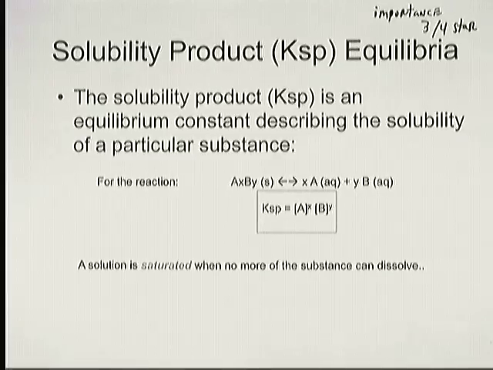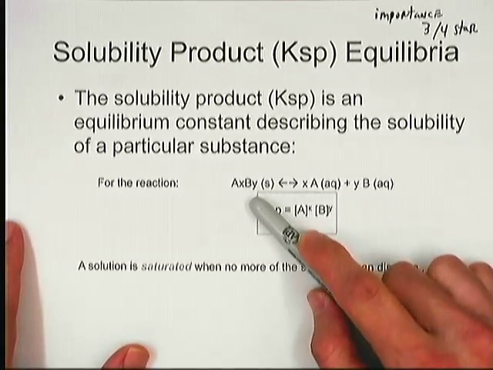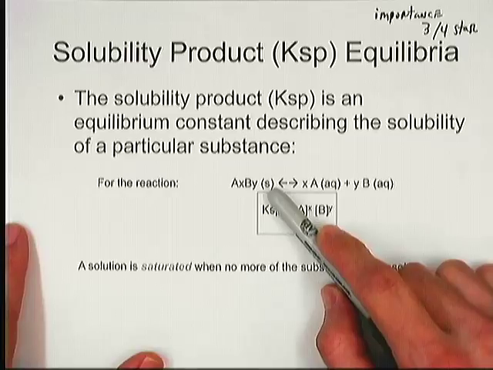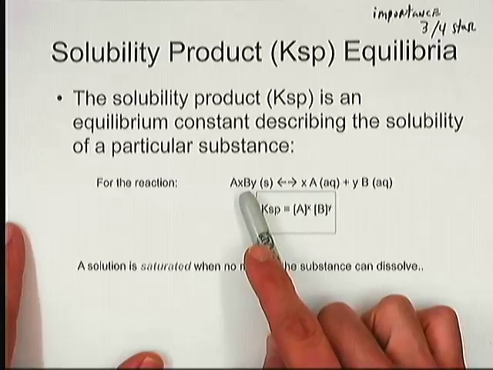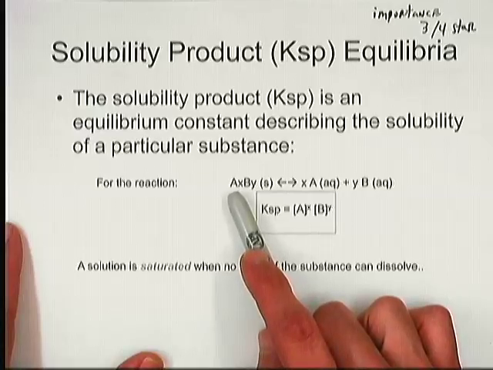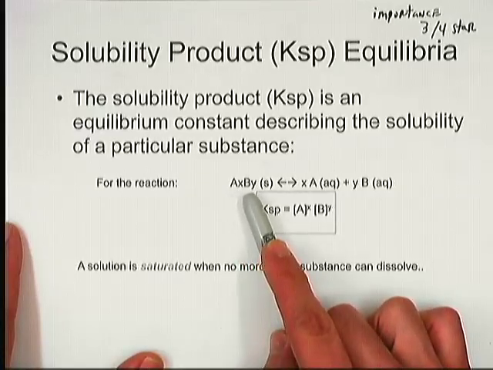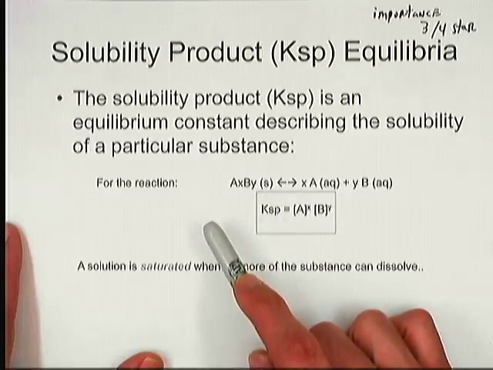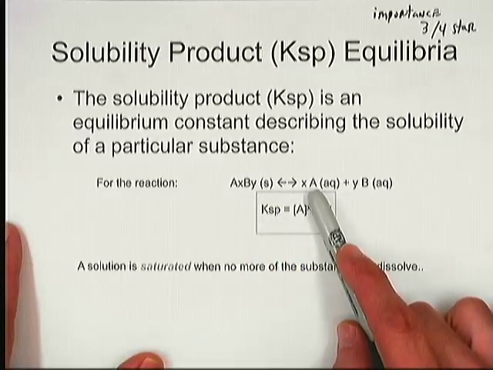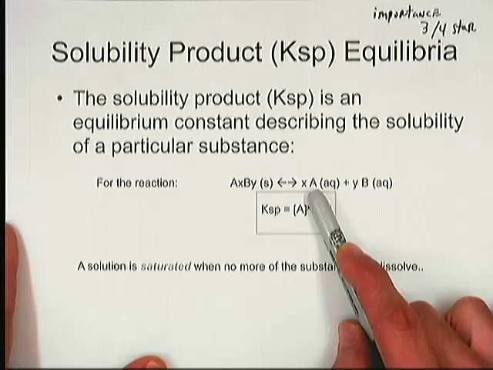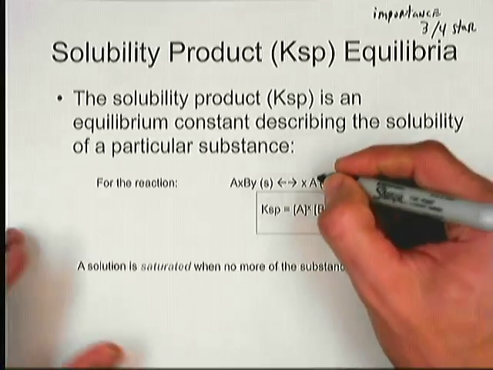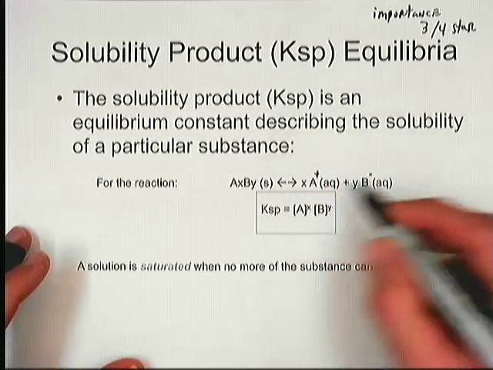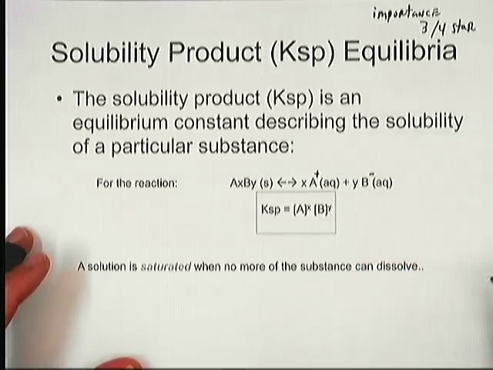Basically, for a reaction such as this one, in which an ionic compound that is a solid is dissolving in water, we can write a reaction that describes the process of dissolution as an equilibrium. In this equilibrium, ions A and B, the cation and the anion, respectively, the positively and negatively charged ions, will hydrate, or become surrounded by water molecules, to yield ion A and ion B. Again, in my representation here, A is the cation and B is the negatively charged anion.